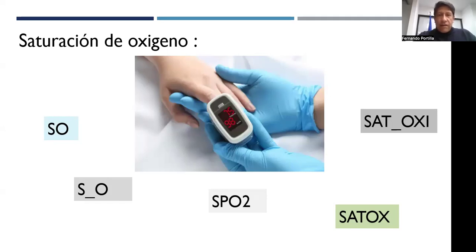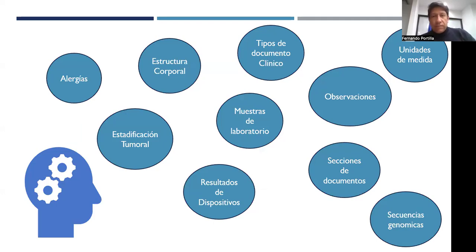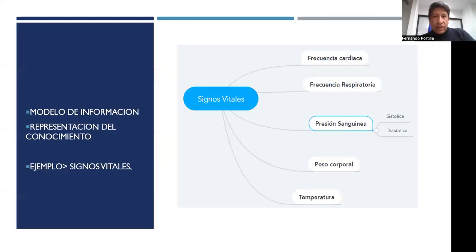So like oxygen saturation, for example, how can we unify the different identifiers for the contents? This is for vital signs, for different parts of the body, for medications, for the genome sequences, lots of information that requires semantics in terms of the clinical medical records.